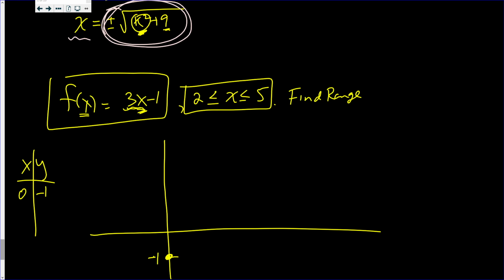And usually in a classroom setting, students are using graph paper. So you don't have to pick 2 and 5. You can pick any numbers you want. If I pick 1, 3 times 1 is 3, minus 1 is 2. So when x is 1, I go up 2.